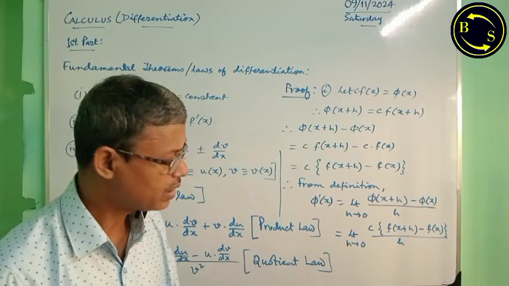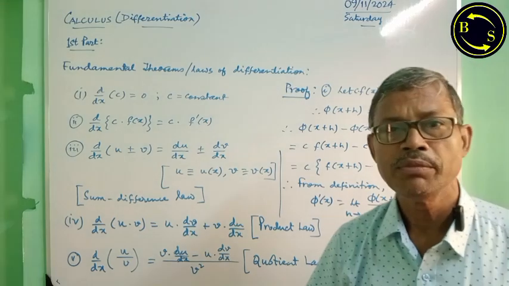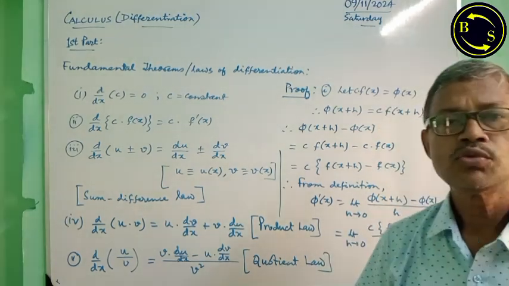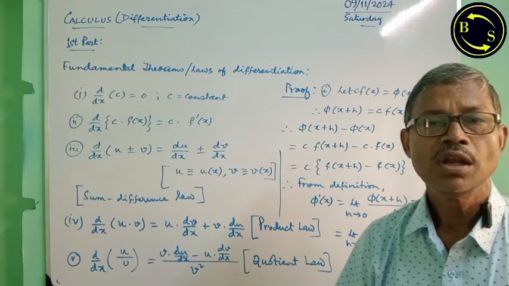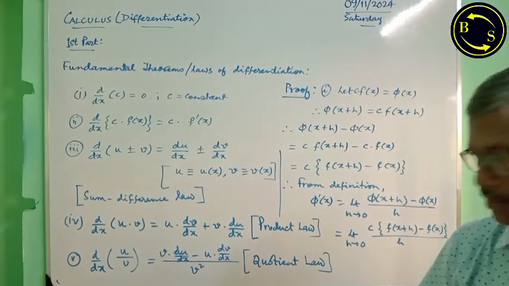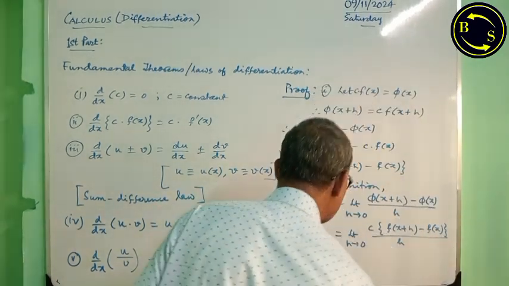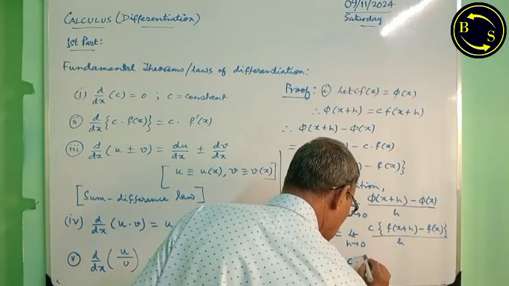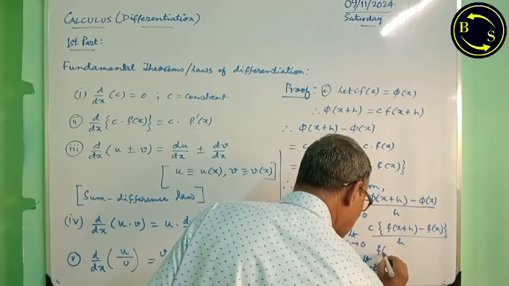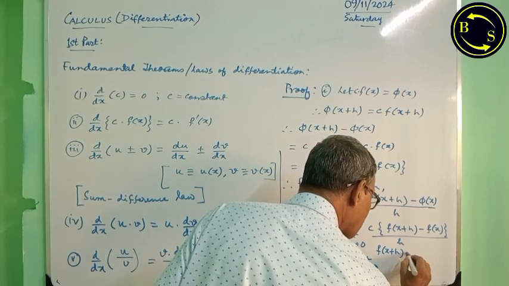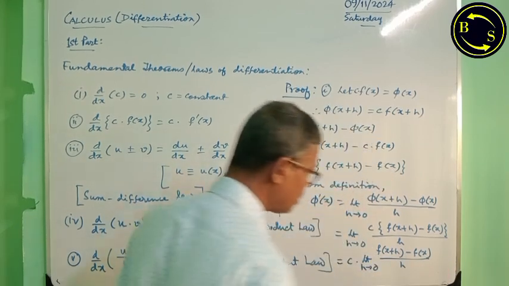Now c is constant, as per the theorem of limits, limit x tends to a of c into f(x) is equal to c into limit x tends to a of f(x). Therefore c is taken outside, therefore c into limit h tends to 0 of (f(x plus h) minus f(x)) by h.